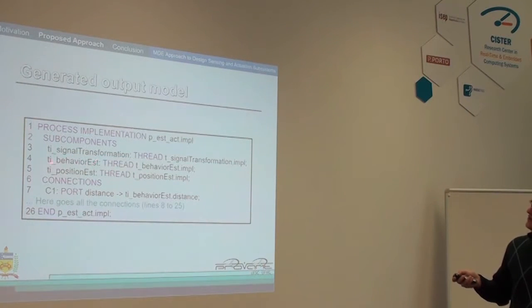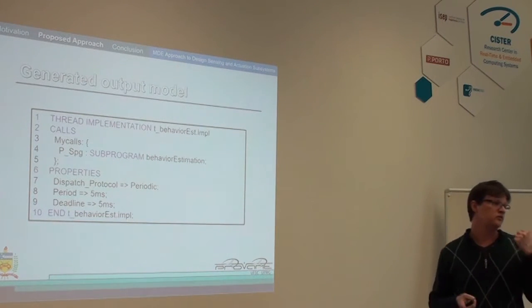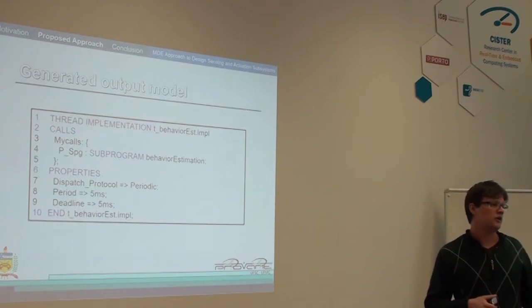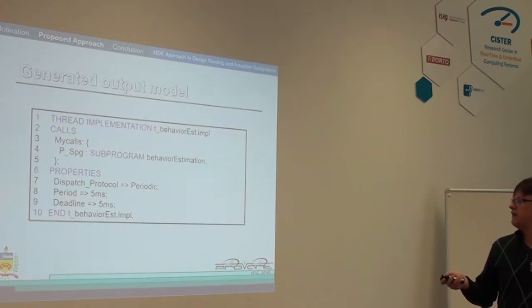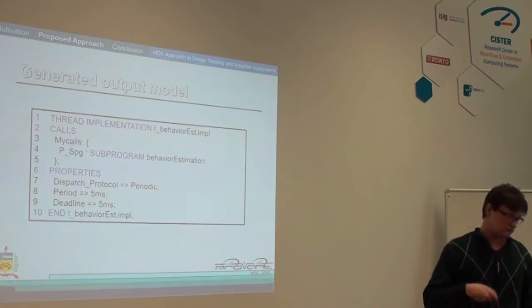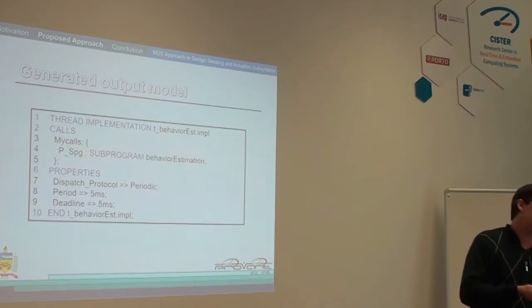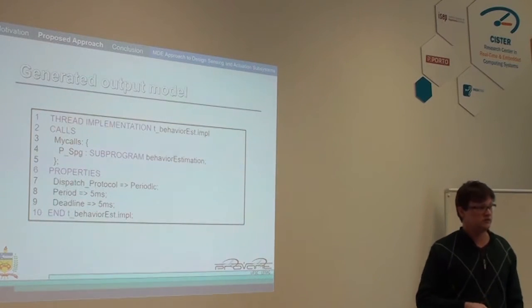And extending one of these threads, we have the subprogram calls that will perform the functions designed in the functional model. And here we have a dispatch protocol, period, and deadlines. I don't show it here, but we also have the priorities that were specified during the wizard process.